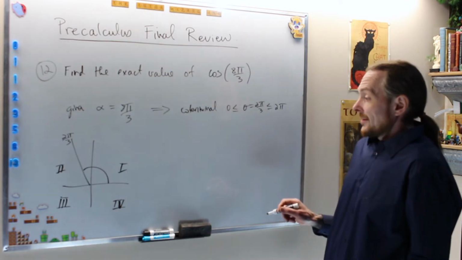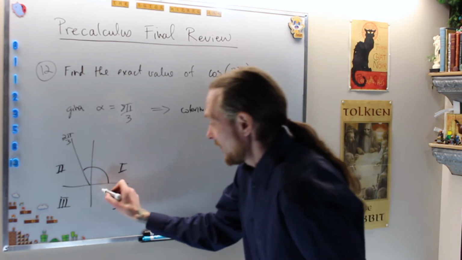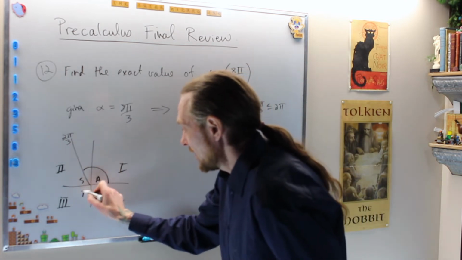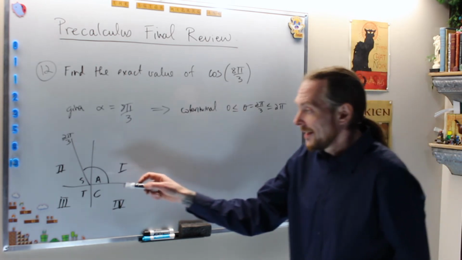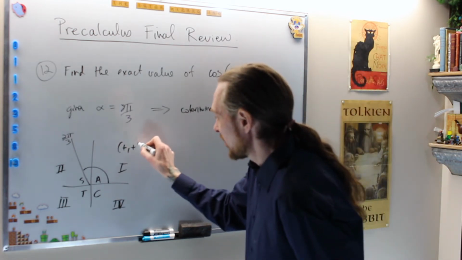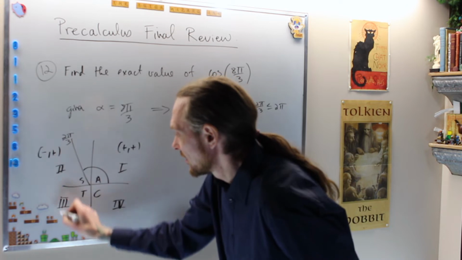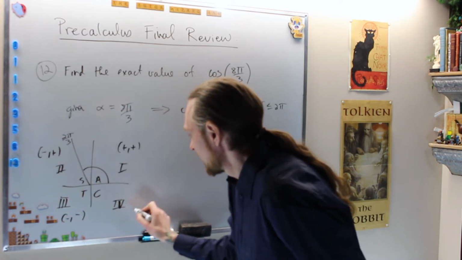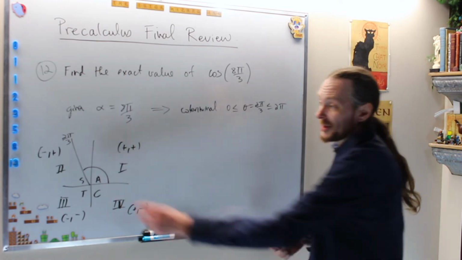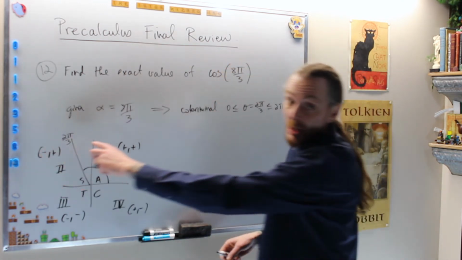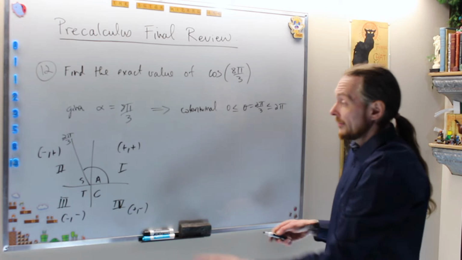Once I know that, that tells me by the CAST rule, or whatever you're using, C-A-S-T, that cos is going to be negative. What I like is plus plus, minus plus, minus minus, and plus minus. This is how we're going to go around. In this quadrant, cos is negative and sine is positive is what that tells me.